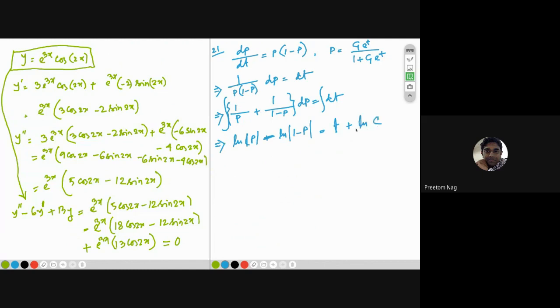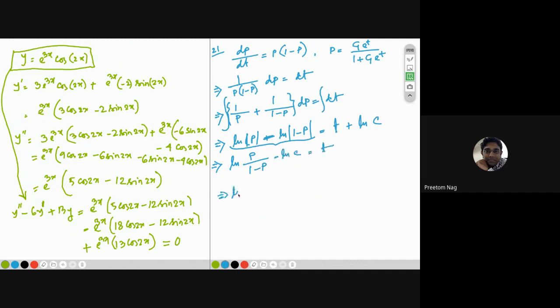Why did we write ln c here? The reason for using ln c is that on the left-hand side we have ln. If I move ln c to the left-hand side, we can write ln p over 1 minus p, and therefore minus ln c equals t.